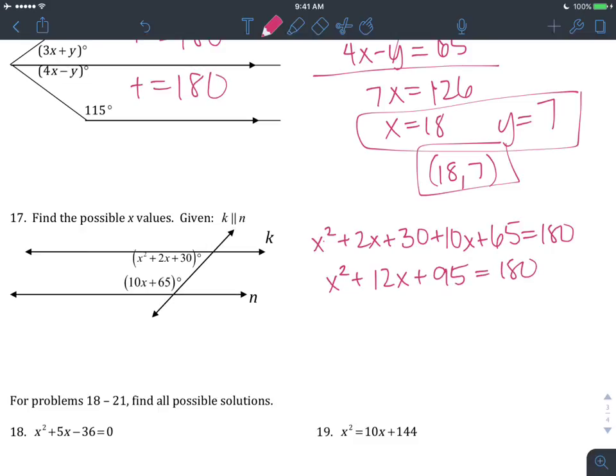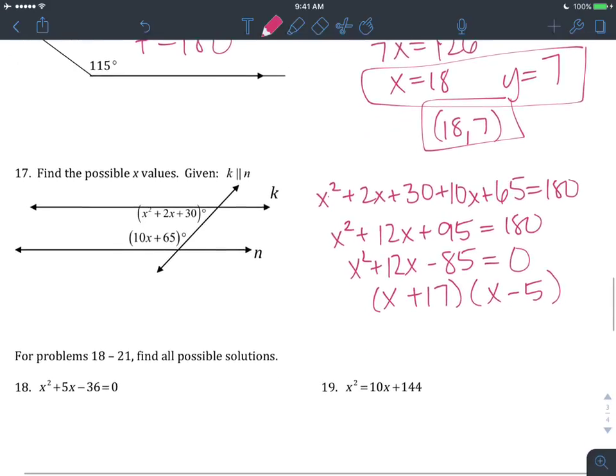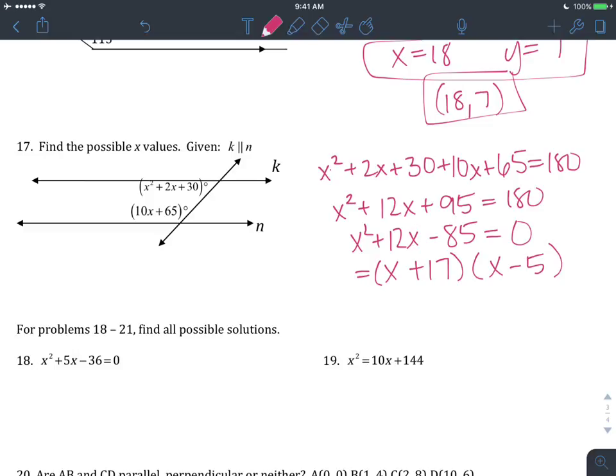You're going to have to subtract your 180 over. So you're going to have x squared plus 12x minus 85 equals 0. That's going to factor into x plus 17 and x minus 5. Then when you set those both equal to 0, you're going to get x equals negative 17 and positive 5.